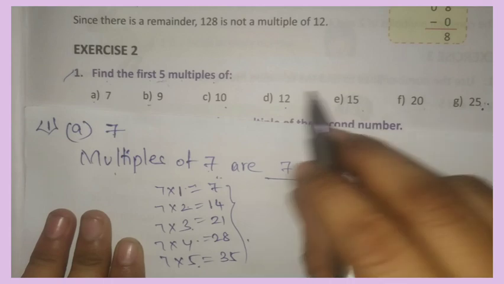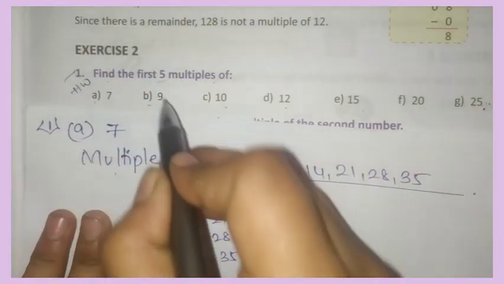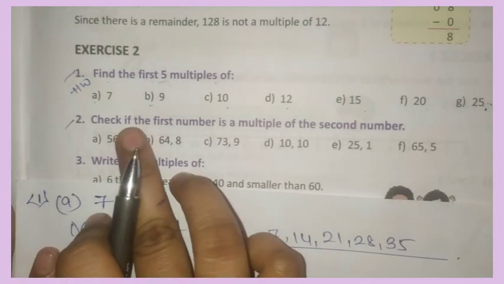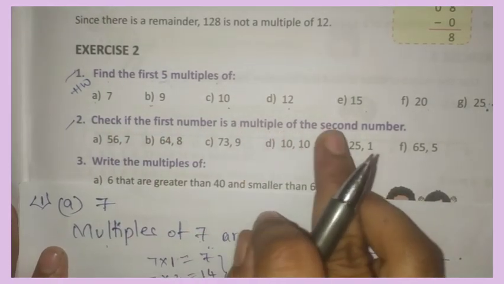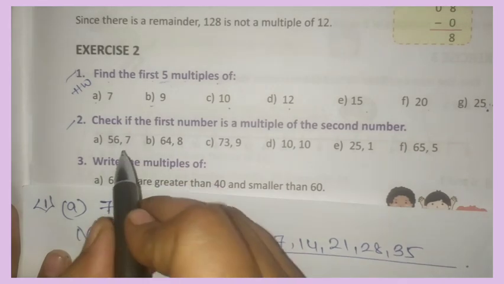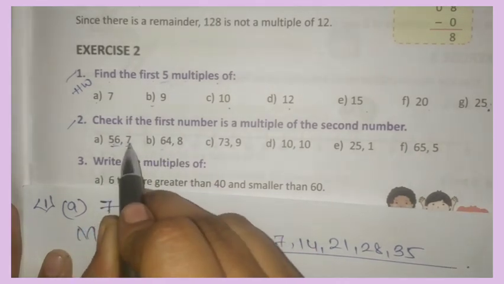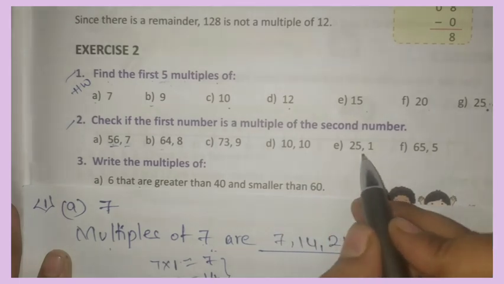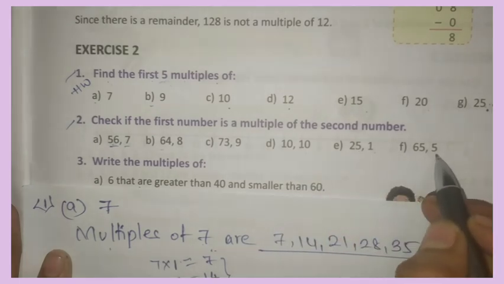This is first bit homework. Now look at second bit: check if the first number is a multiple of the second number. Here two numbers are given: 56 and 7, 64 and 8, 73 and 9, 10 and 10, 25 and 1, 65 and 5.